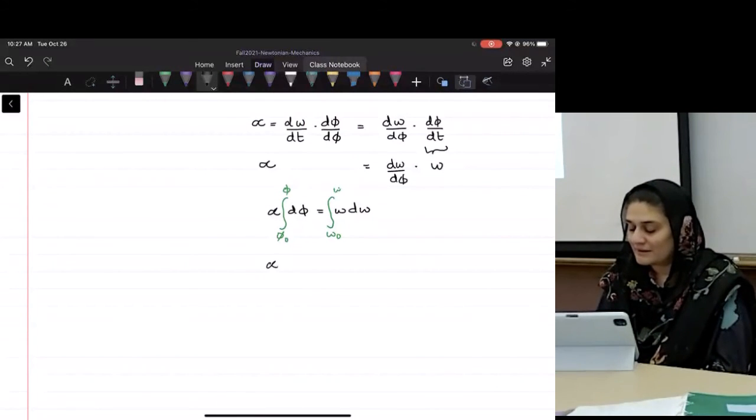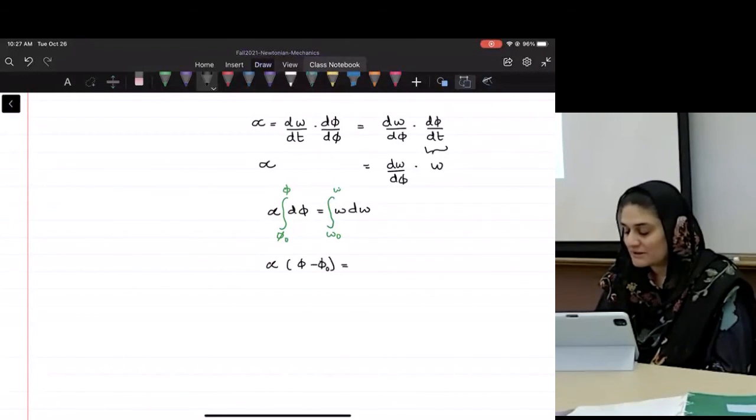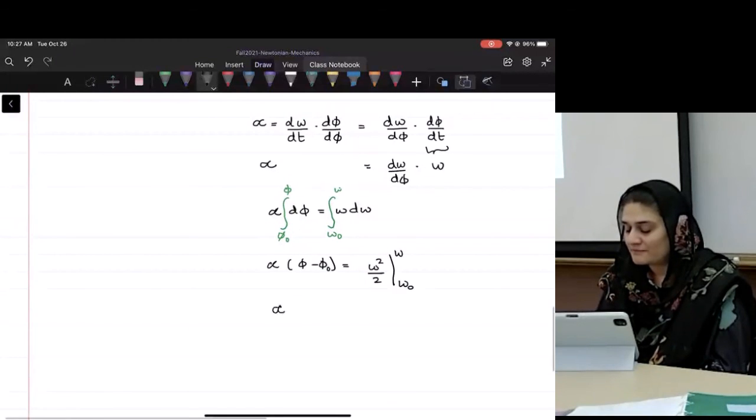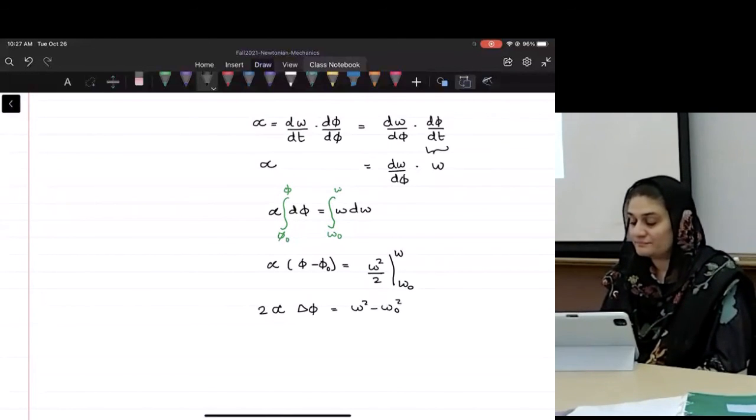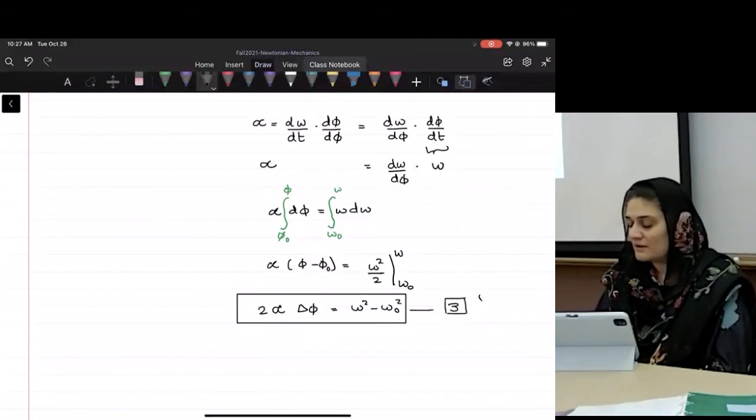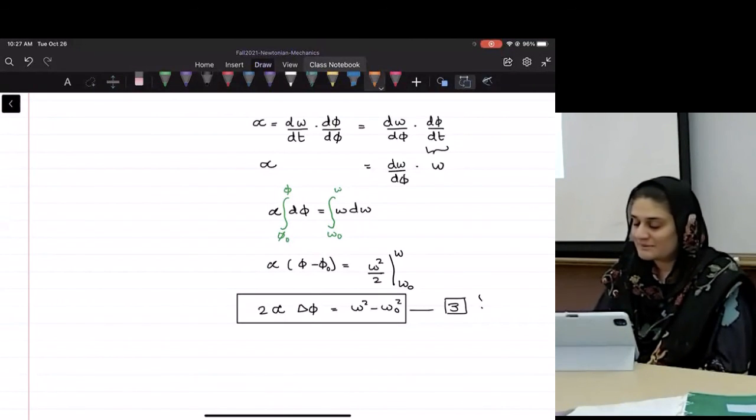Will I get alpha times phi minus phi 0 equals omega squared over 2 from omega naught to omega, or 2 alpha delta phi equals omega squared minus omega naught squared? Is that not remarkably like equation number 3? Now I can make a smiley face.